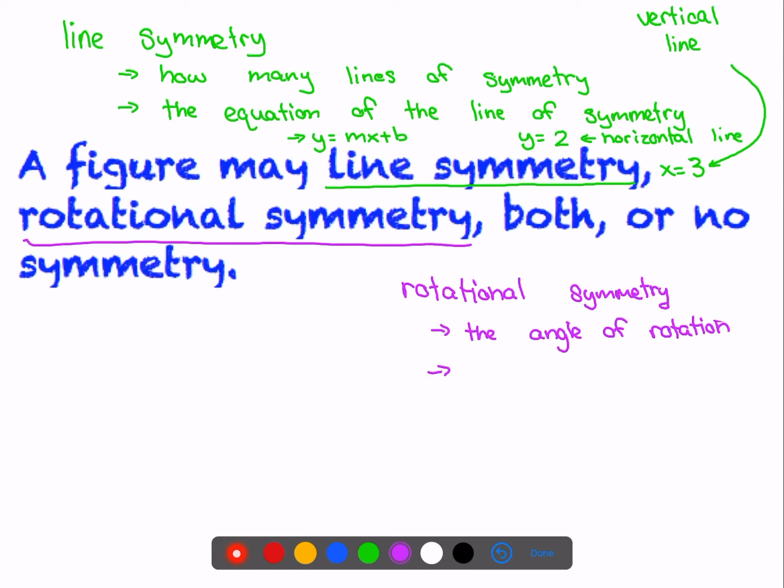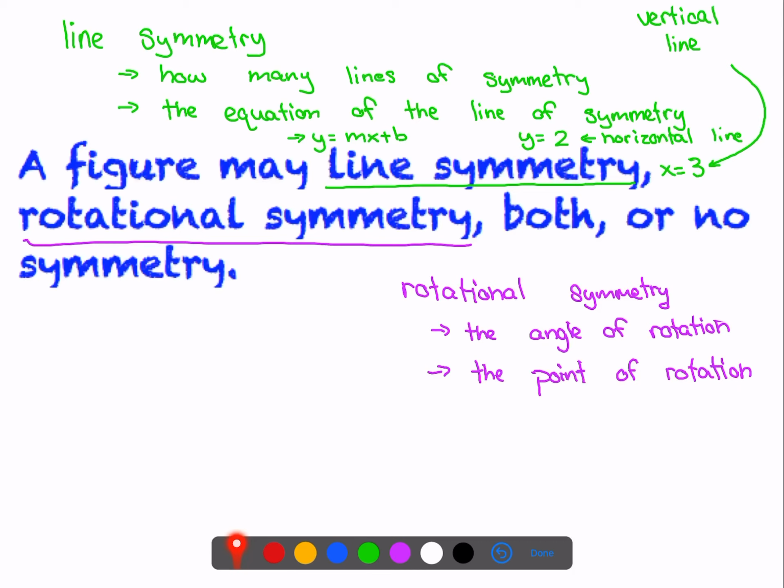The other thing that they'll ask is the point of rotation. So what point am I rotating around? Now, oftentimes the point of rotation is found in the center of our figure. Sometimes you'll need to determine where you need to rotate the figure in order to make it work though. So this is going to be totally dependent upon the problem itself as well.